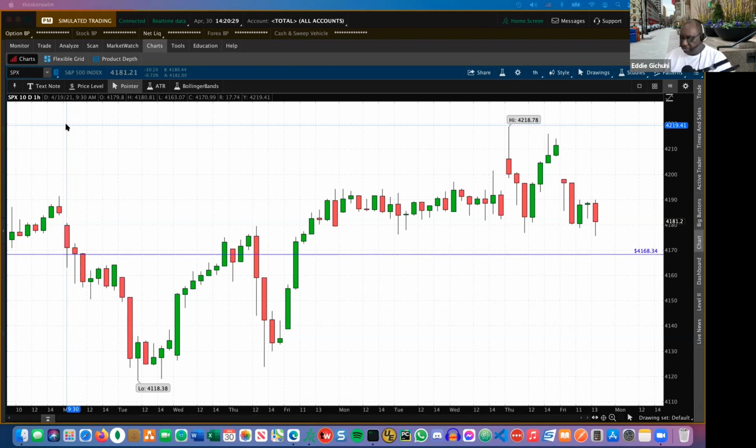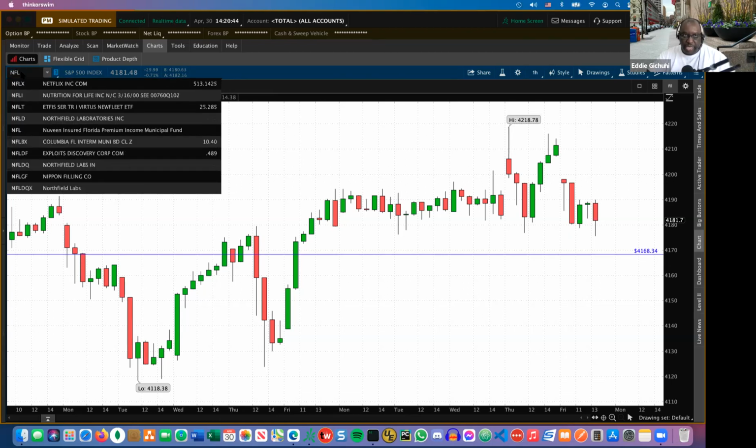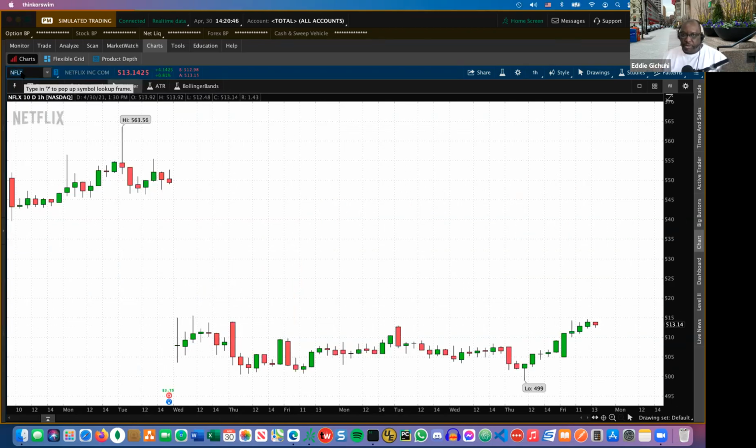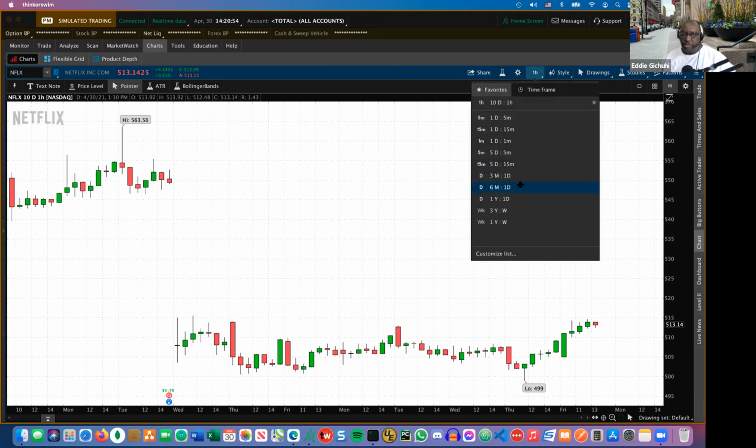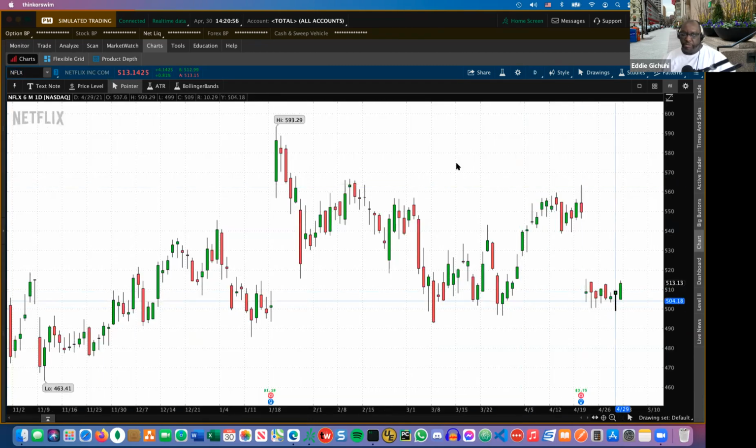And then to get us started here, we're going to talk about a couple of stocks. I had people say Netflix, right? So the Netflix symbol is NFLX. Let's see what Netflix is doing. It looks like Netflix right now is trying to play this gap. Let's go to the daily chart, 6 months, 1 day.